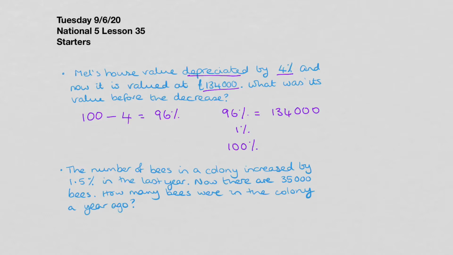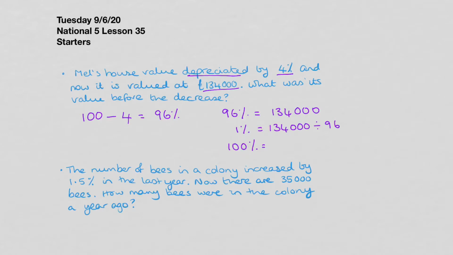So if we know that 96% is 134,000, then 1% must be 134,000 divided by 96. And then to get 100%, we're going to need to multiply what we've got for 1% by 100.